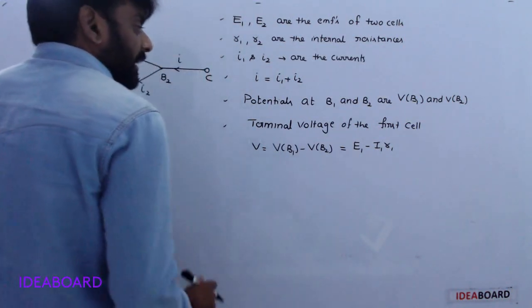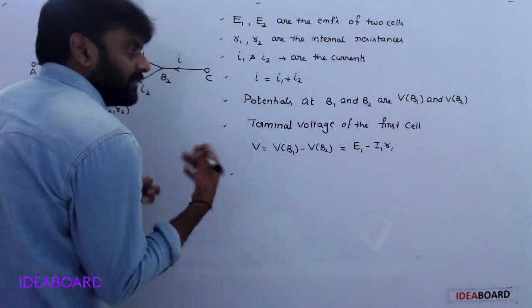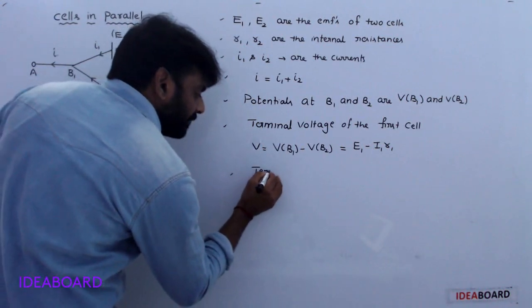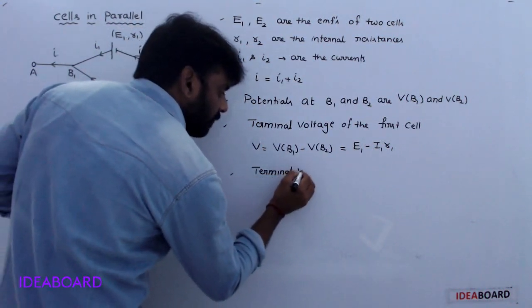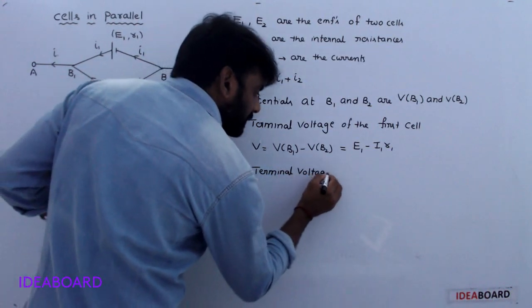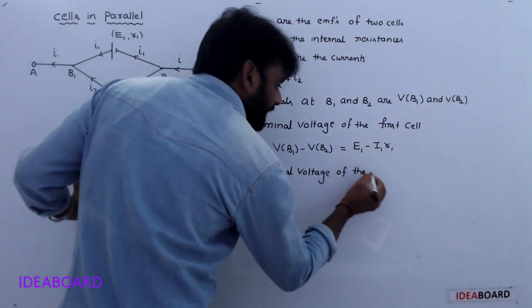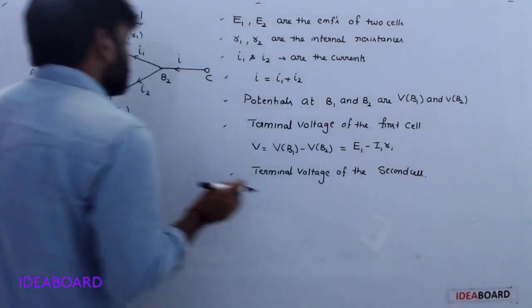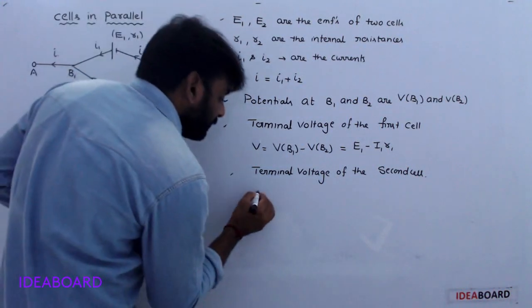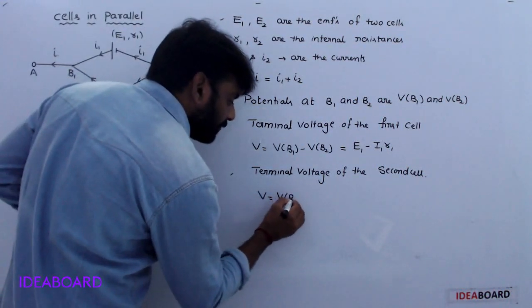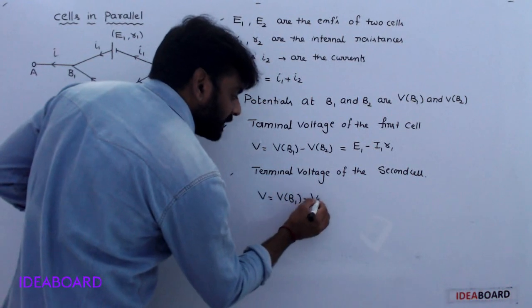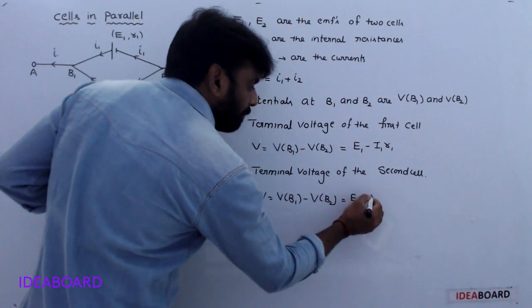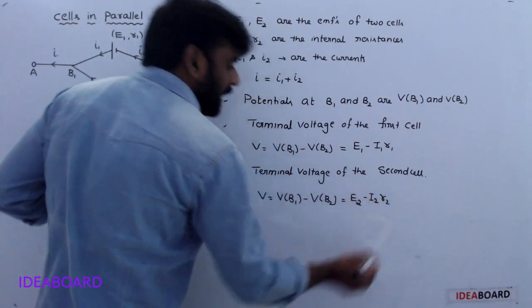Next, the terminal voltage of the second cell, at the same points: V is equal to VB1 minus VB2, which is equal to E2 minus I2 R2.